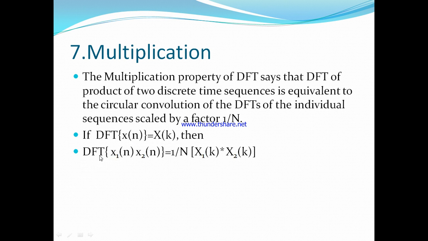Like this, the discrete Fourier transform of the multiplication of two sequences x1 of n and x2 of n is equal to the circular convolution of the DFTs of the individual sequences, multiplied by 1 by N.